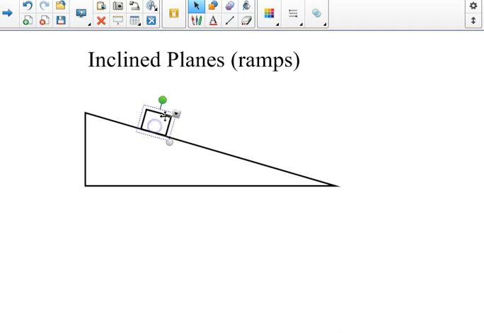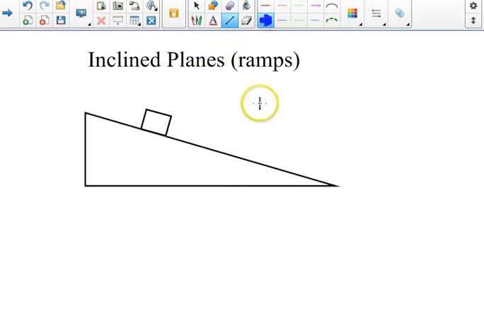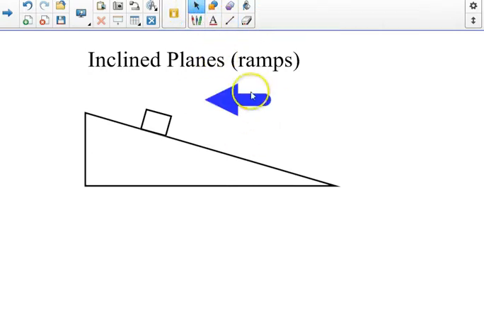Okay, so some things to keep in mind about this. Because the plane is inclined, dealing with the weight is going to become the weird part, because the weight is responsible for two things. The weight is responsible for taking this object and at least attempting to accelerate it down the ramp.